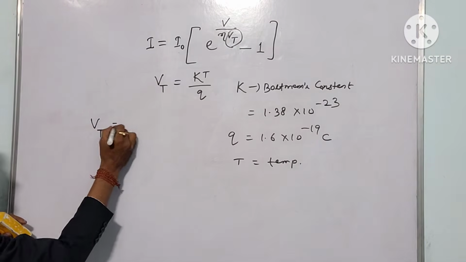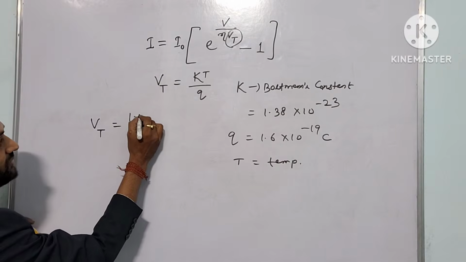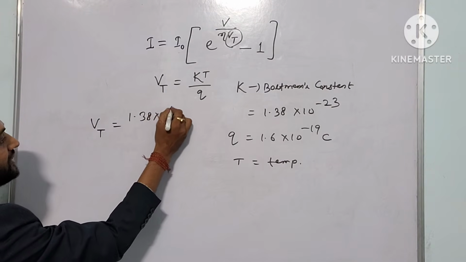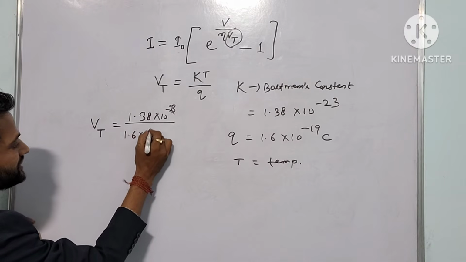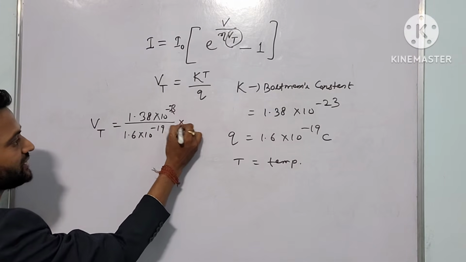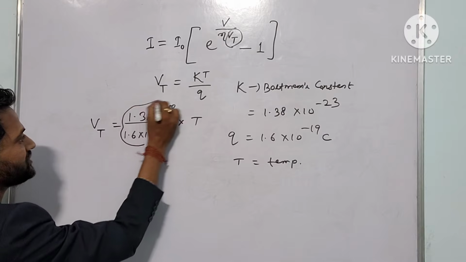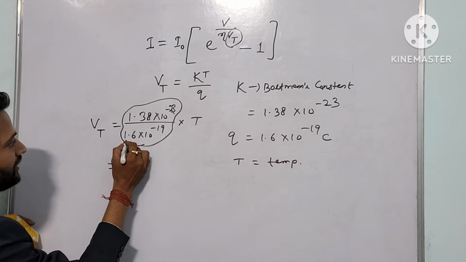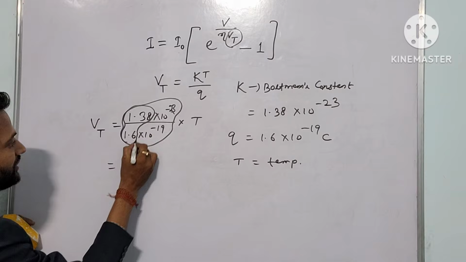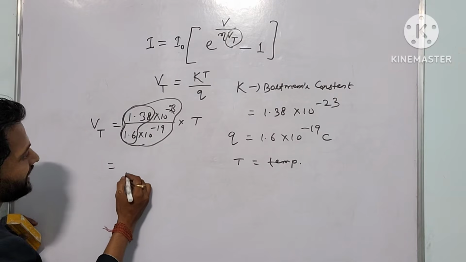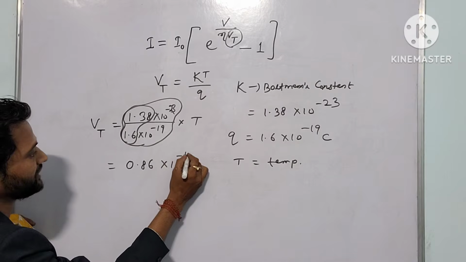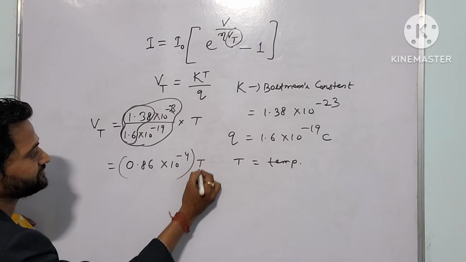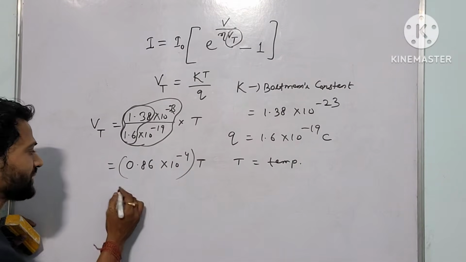So here if I put the value, K value is 1.38 into 10 to the power minus 23 upon charge on electron is 1.6 into 10 to the power minus 19 into T. So ये जो पार्ट है देखो 1.38 upon 1.6, I think it is coming 0.86 into 10 to the power minus 4 into T, right?